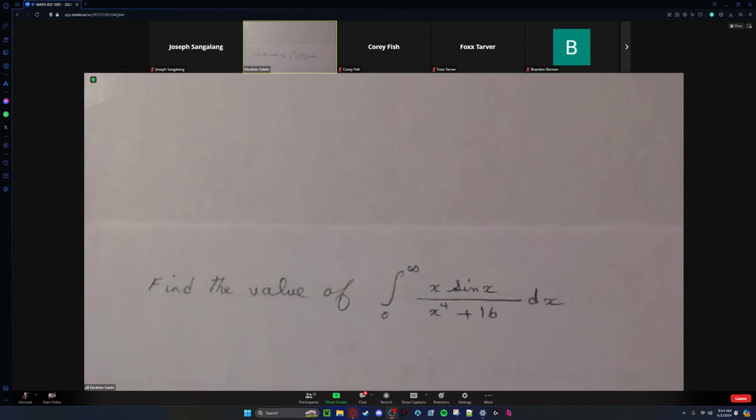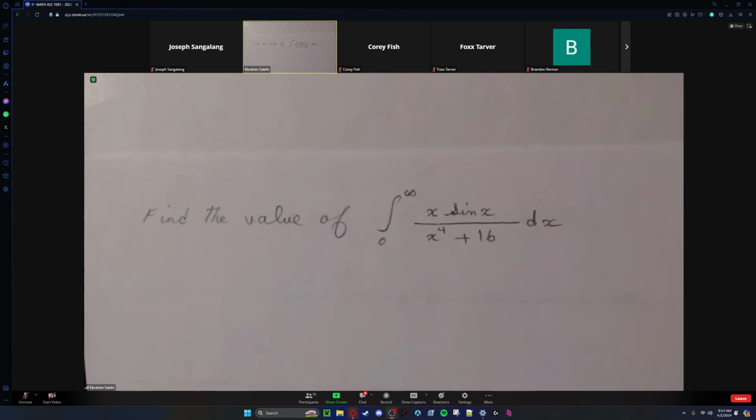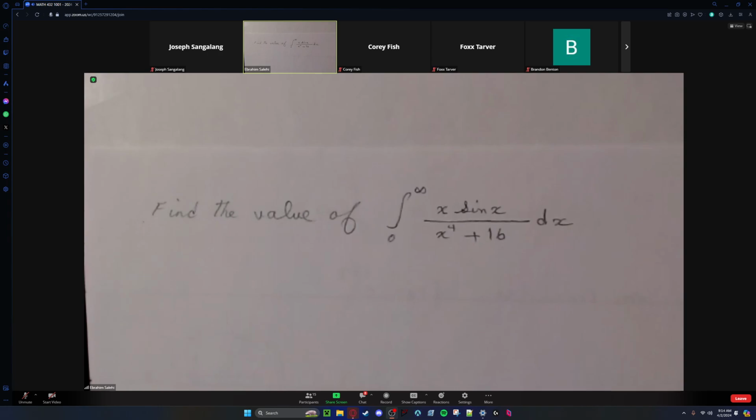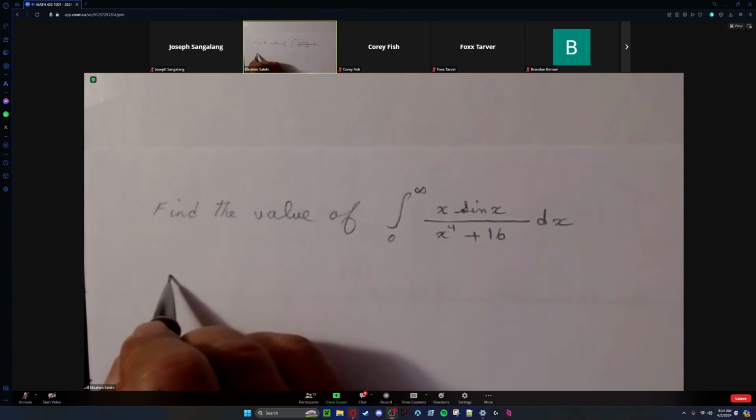So, what is the process? We will consider this function.